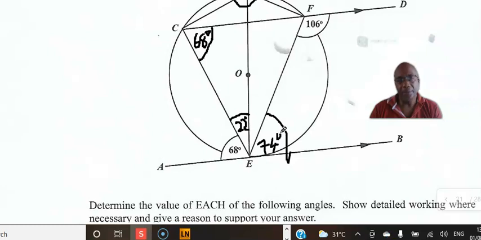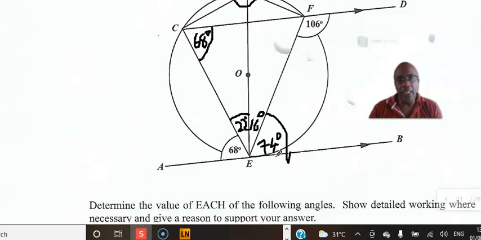The first part, and therefore this angle here is 90 minus 74, which is 16 degrees. And remember the reason? The angle between a tangent and a radius is 90 degrees.